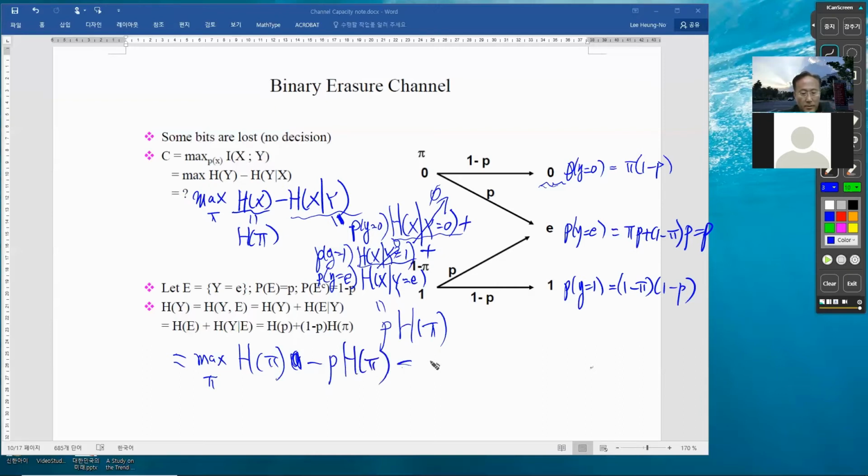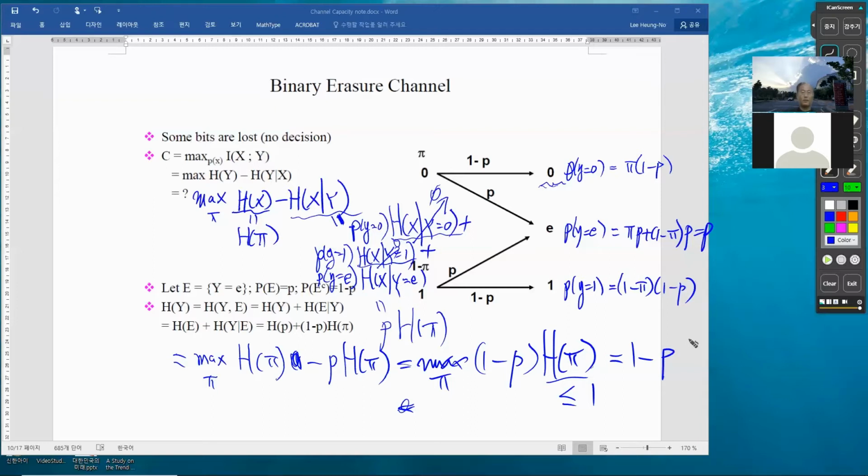So this is again max of (1 minus p) times H(pi). That can be upper bounded by 1, and the equality is achieved with pi equal to half. That is nothing but 1 minus p.